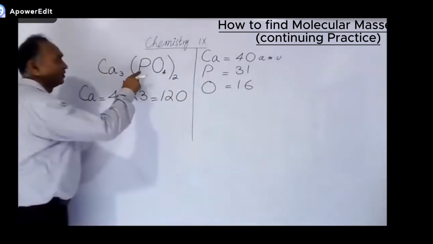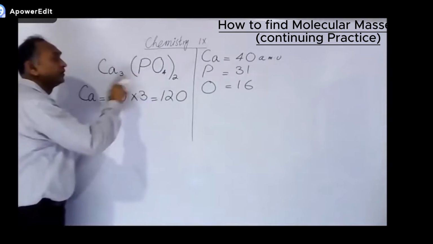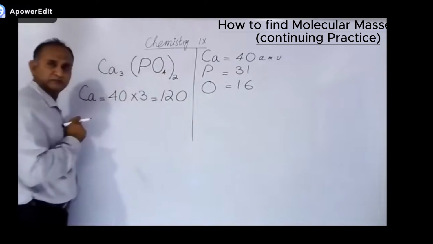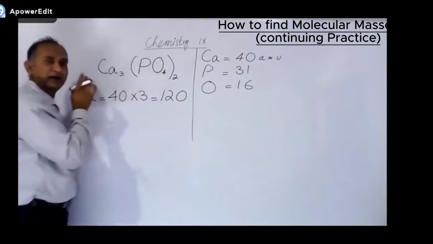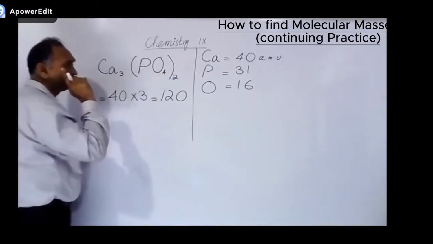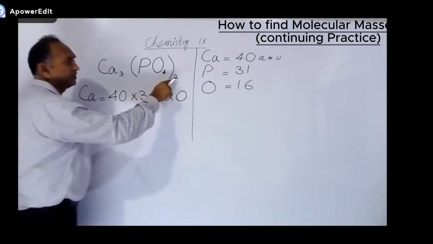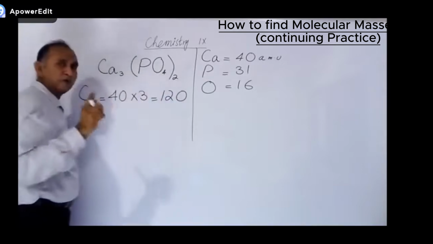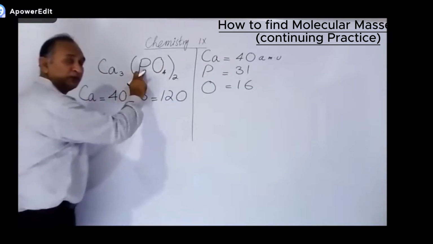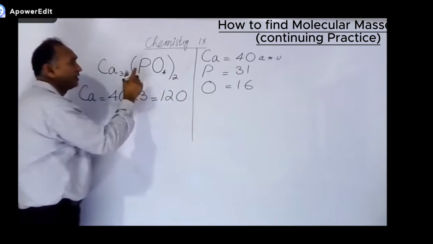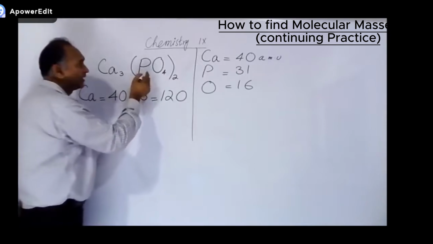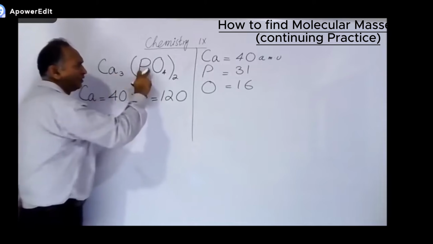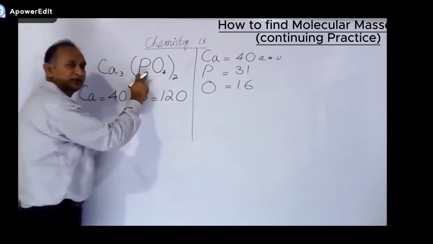Next, phosphorus. Now phosphorus, or P, is inside the bracket. So whenever you see an element inside the bracket, you have to consider the number which is written outside the bracket. Okay? Now one more question. What is the subscript? How many phosphorus do we have here? No number is written. That is why we consider that 1 is written here.